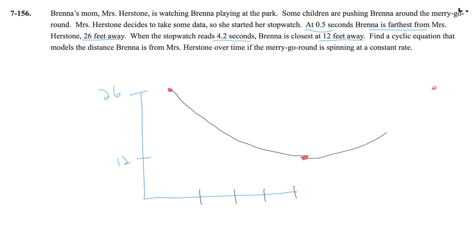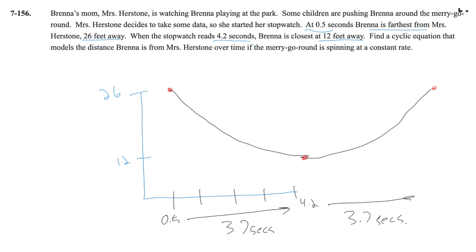So we've got this kind of full period cycle now that is happening. It's starting at that 0.5 seconds, ending at 4.2, but then it needs to go another one of these distances to get over here. Well, this part here is 3.7 seconds. So I need another 3.7 seconds. And guess what we just learned?